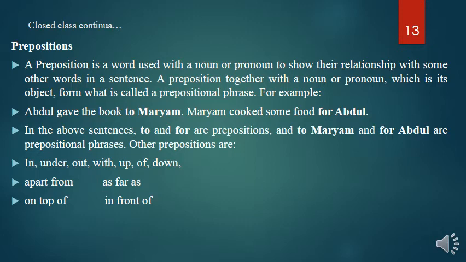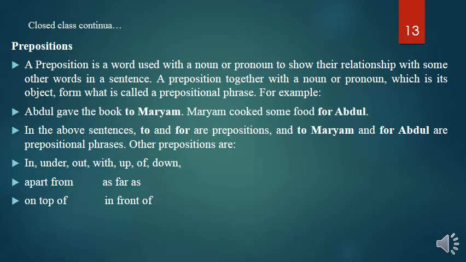But in a situation whereby a preposition goes with a noun or a pronoun, then it is what is called a prepositional phrase. It is called a phrase because it is more than one word and it is not a complete sentence.